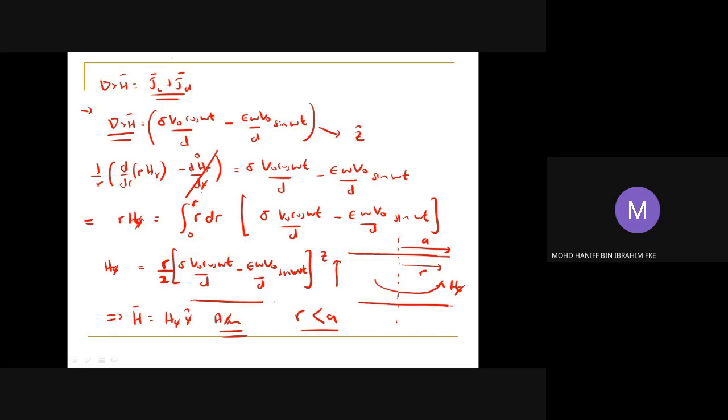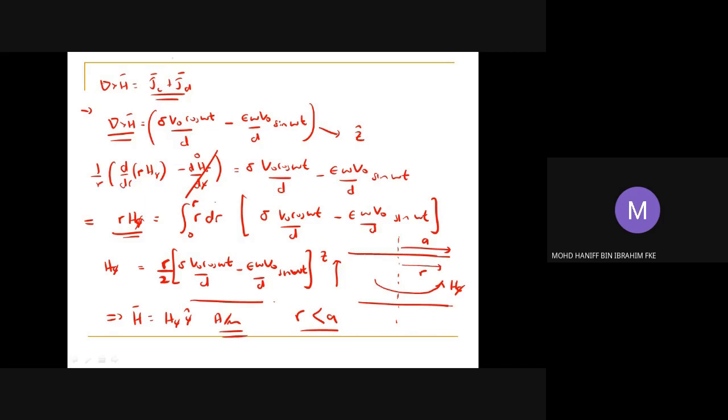Because I straight away jumped to here. Basically, if we proceed with the r, you bring the r to the right hand side and you need to do integration. So when you do integration, we are left with only r H_phi on the left hand side.